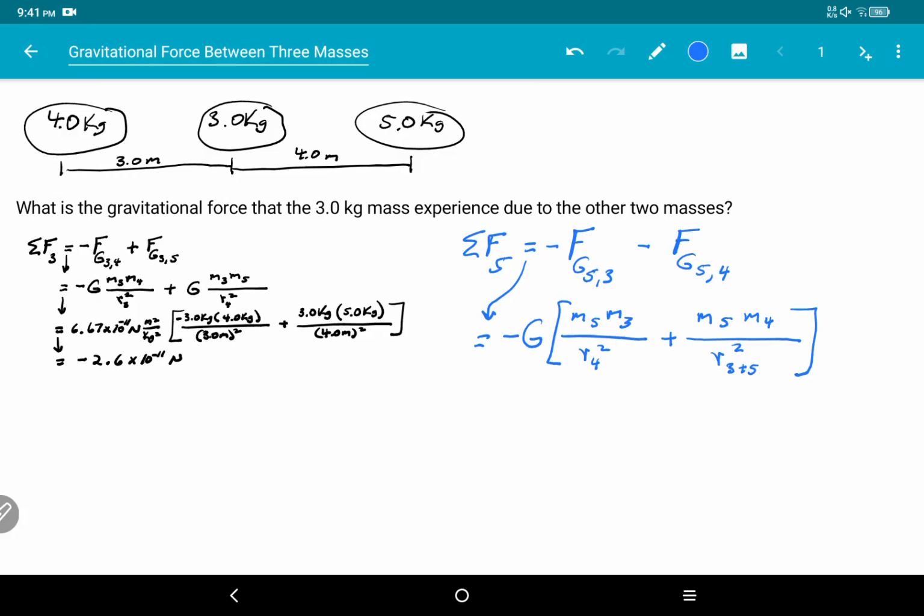Because the 4 and the 5 are 7 meters away from each other.